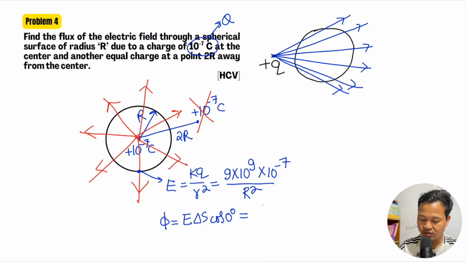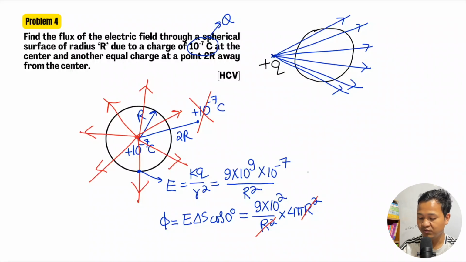Okay, so E is 9 into 10 power 9 into 10 power minus 7, divided by r square, times the area of the spherical surface. Area of a sphere is 4 pi r square, so r square gets cancelled out.